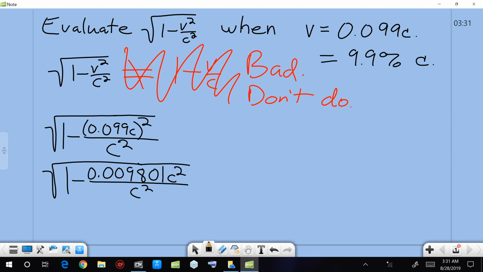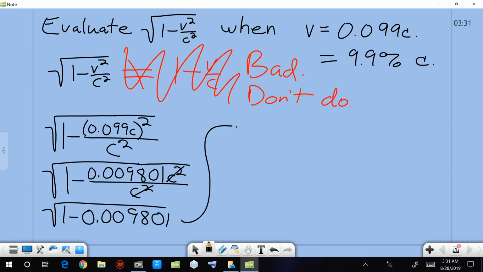So let's see, we have something times c squared over c squared. The c squared parts will cancel. This will give us 1 minus 0.009801. Come up here, ask your calculator what that's equal to. We're going to have square root of 0.990199.